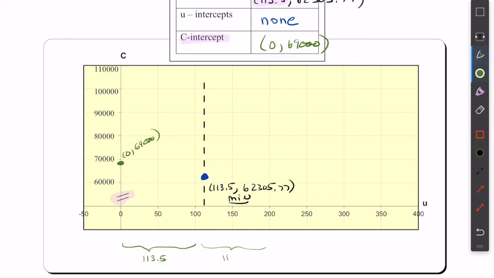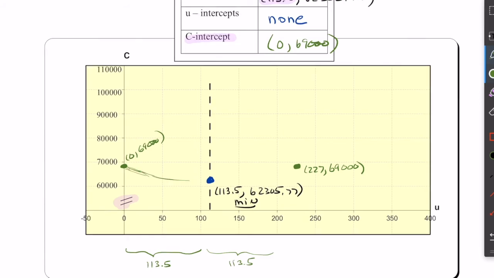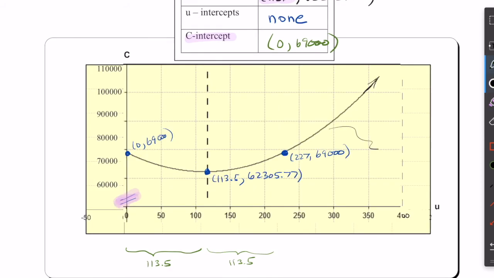So if I go 113.5 units to the right, which puts me over at 227, somewhere around right here, we're going to have that same height of 69,000. So I get this extra free point solely based upon the symmetry of the graph. Right? And then we're just going to try to sketch that graph as best we can through those points.